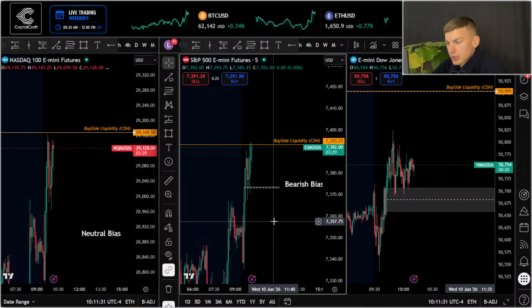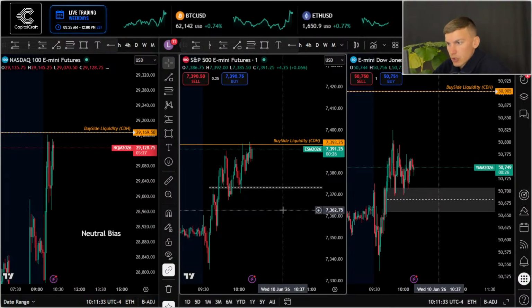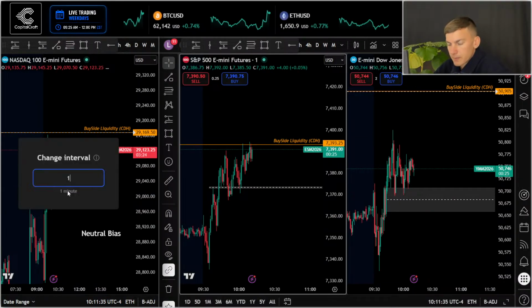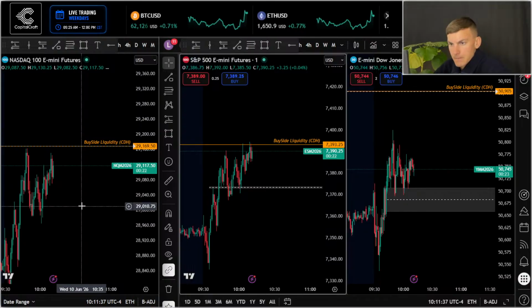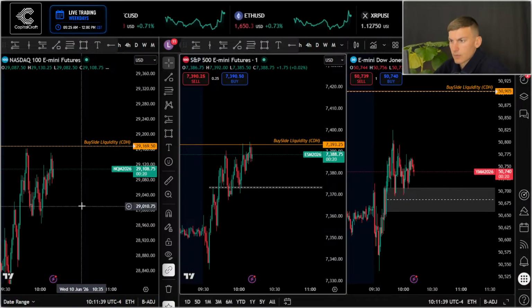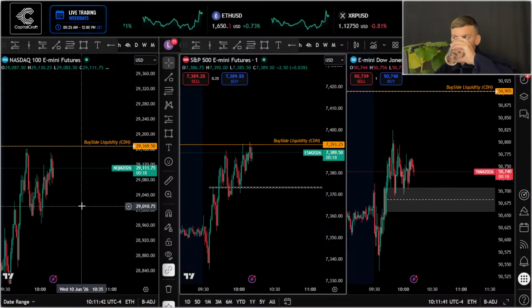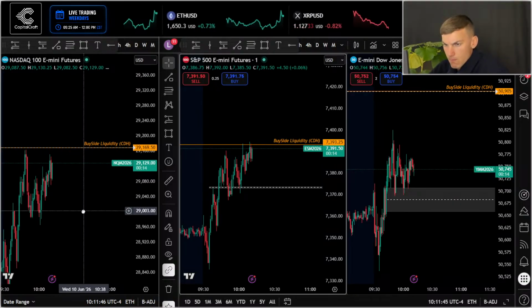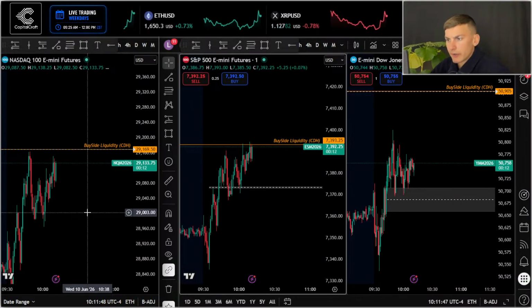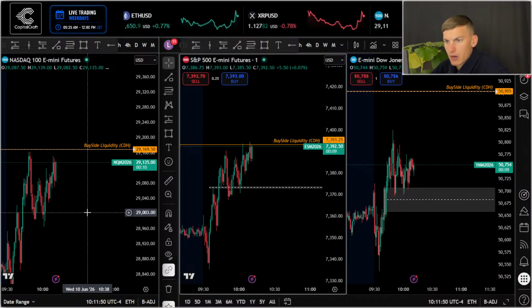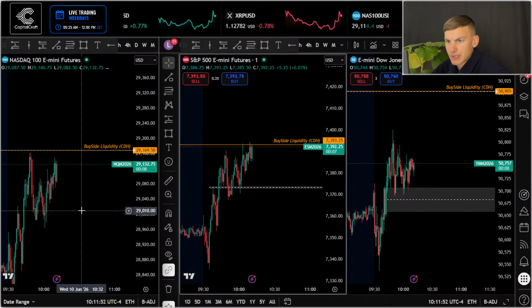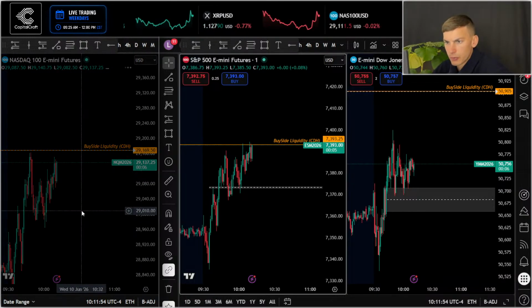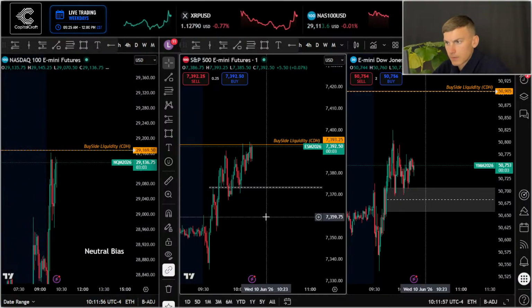Bear in mind, we are also still looking at the 1-minute chart for a potential scalp. Not looking like we are wanting to go down, so it seems that institutional order flow is still pointing towards the upside.